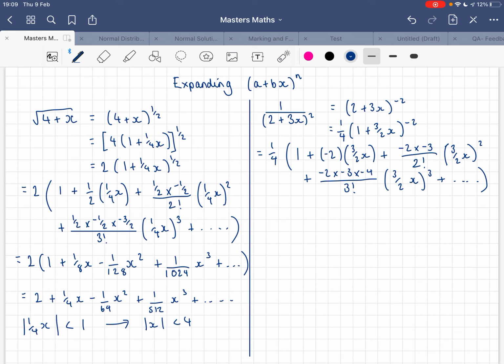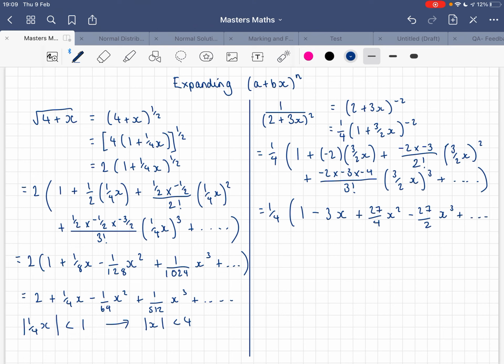Once we simplify each of the terms, we've still got this quarter, we'll deal with that in a minute. We've got 1 minus 3x plus 27 over 4 x squared minus 27 over 2 x cubed.